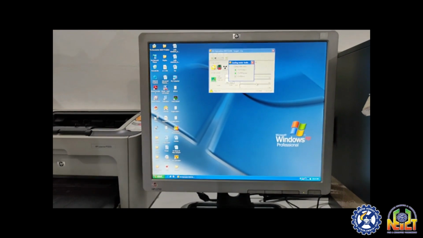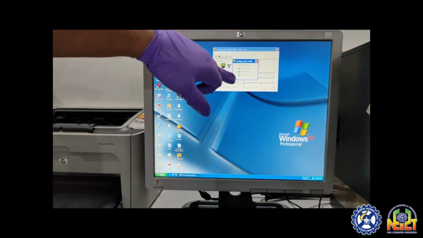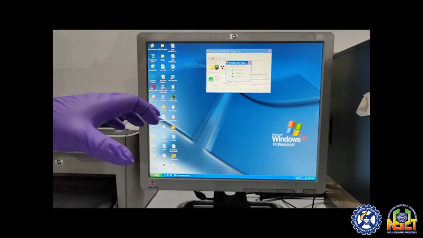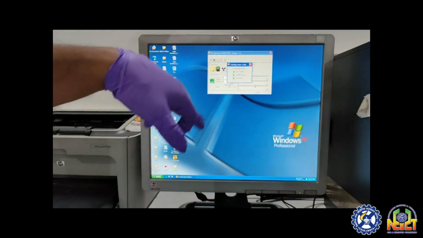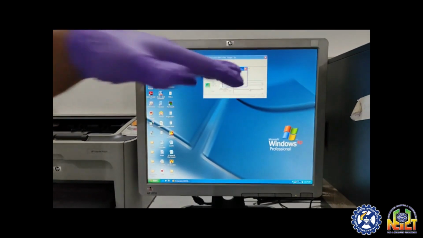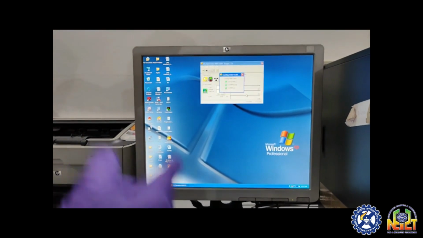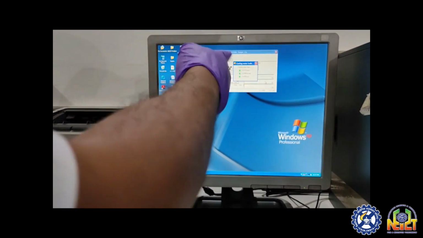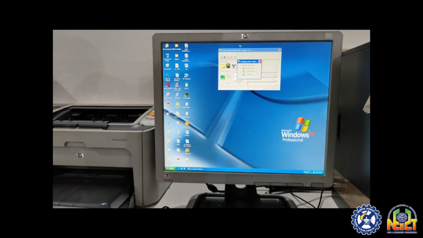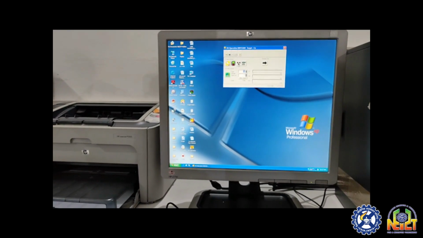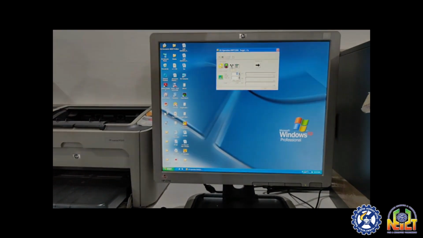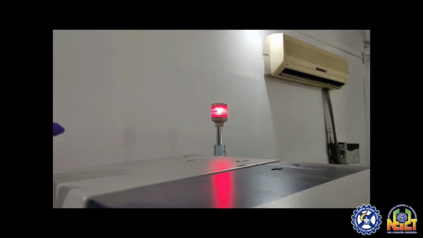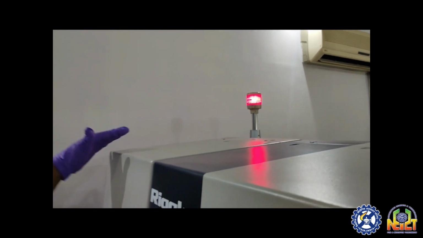When all of these are showing a green signal, then we can switch on the X-ray. This represents temperature, flow rate, and also the pressure. Now it is seen all are at the requisite level, therefore the green signal is indicating to us. So this one is for X-ray on. Now this red light shows us that the X-ray source is now turning on.